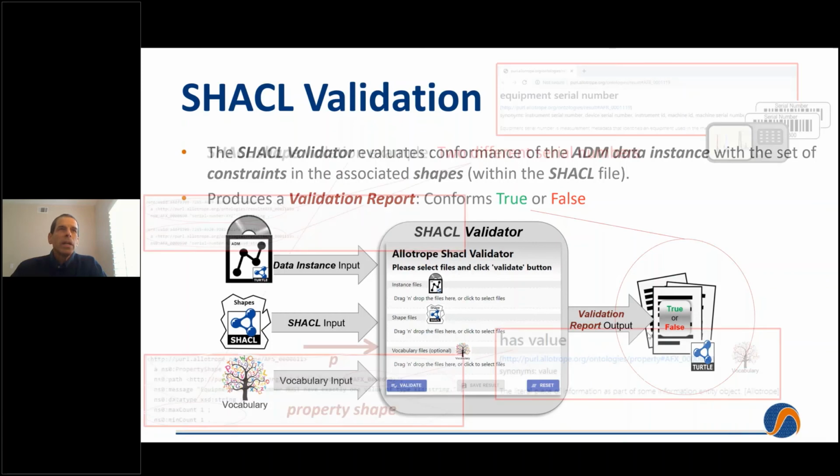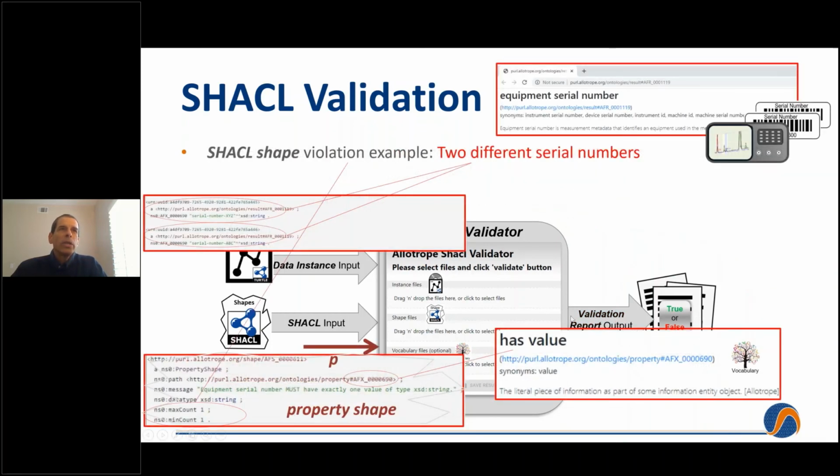So let's start our exercise with a SHACL shape violation example, where we input a data instance to be validated with 2 different serial numbers. Yes, we have here 2 different equipment serial numbers, and we are going to violate a property shape with a path to the value node that mandates that the type is string and the cardinality is 1.